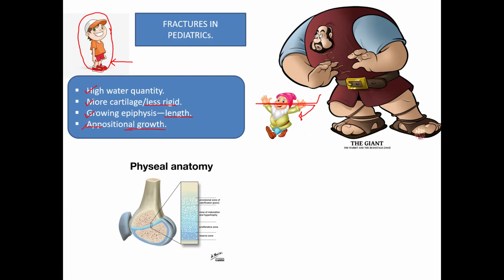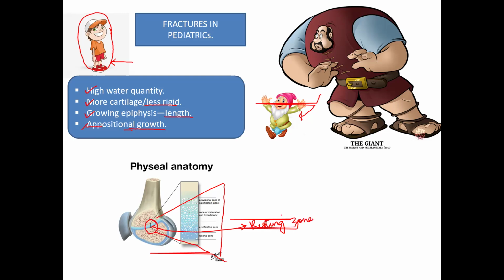One important structure present in pediatrics is the epiphyseal plate. If you do a biopsy of the epiphyseal plate, or try to see its histology, starting from the base, toward this side, here we have the resting zone or reserve zone.